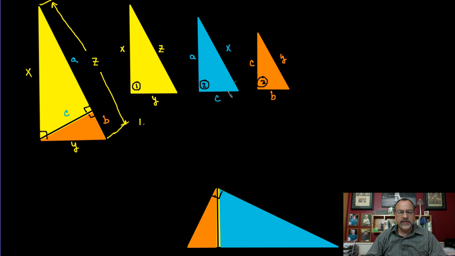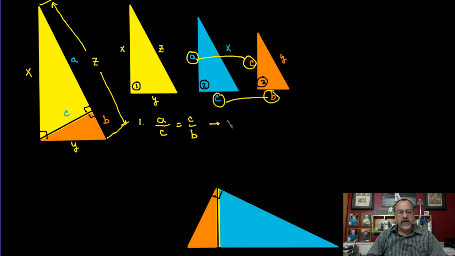Now, the first thing we want to do is compare triangle 2 to triangle 3, and I'll notice that there's a C in both of these, so I'm going to compare A with C. So this is the longer side of the blue one and the longer side of the orange one, and then I take the shorter side of the blue one to the shorter side of the orange one, and you'll notice that we have the same value in the mean position.